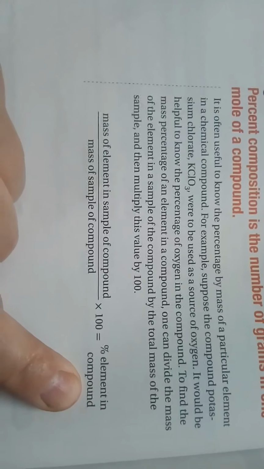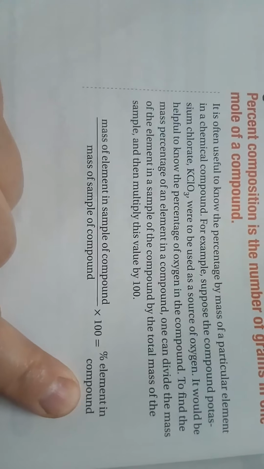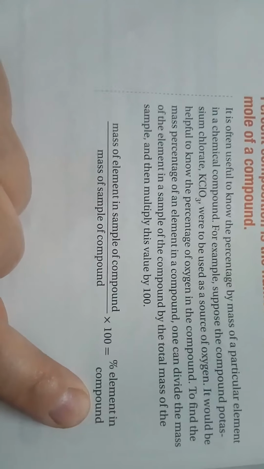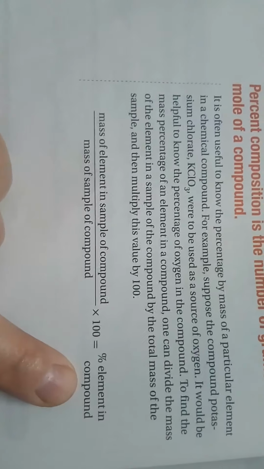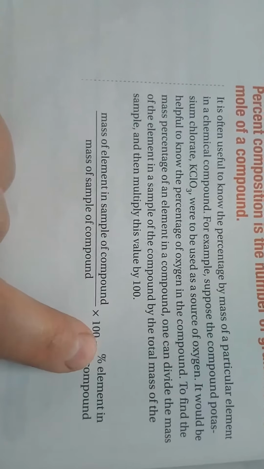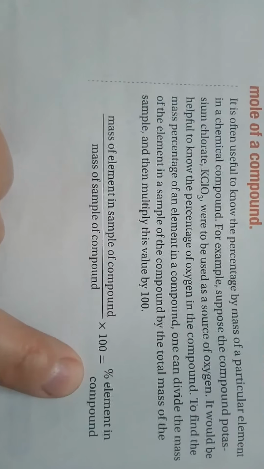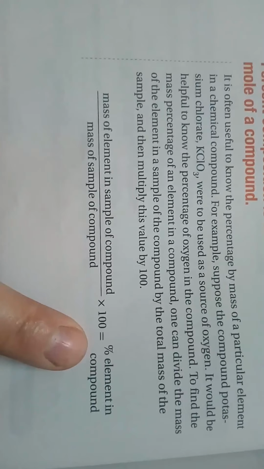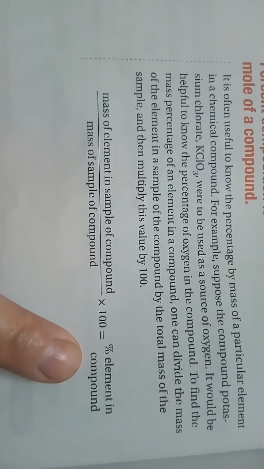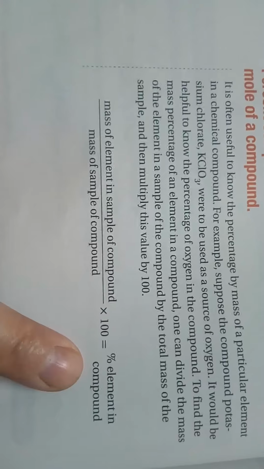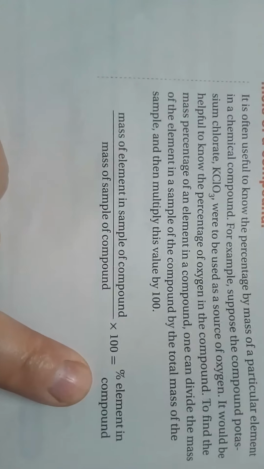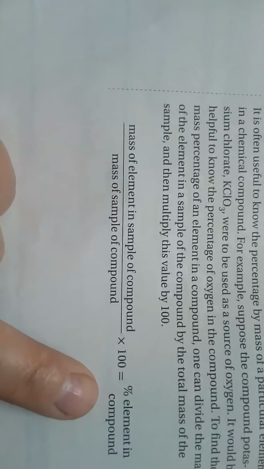Now, remember that you always assume that you have 100% of that compound. Whatever percentage you find for the first element, if the compound is made of two elements like water, hydrogen and oxygen, just subtract it from 100 and you get the percentage of the second element.